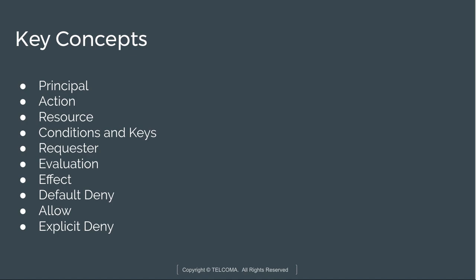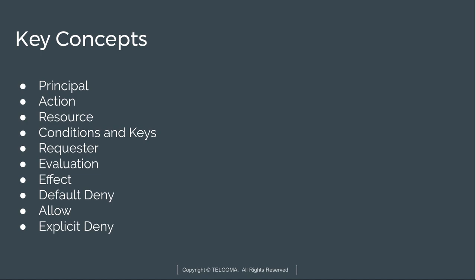So any activity the principal has permission to perform, we call it an action. Resource is the object the principal is requesting access to. So a resource is an object the principal is requesting access to.